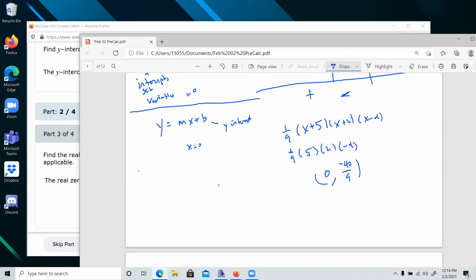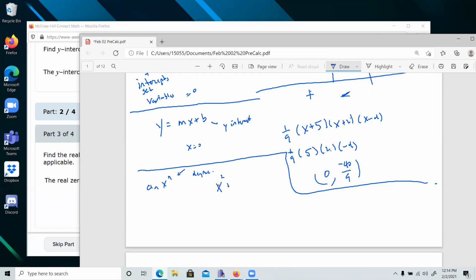I know we're reviewing, but I'll pause for a moment. There's a theorem that says for whatever degree the polynomial is, you could have up to that many zeros. Some of them are complex zeros, and some of them are real zeros.